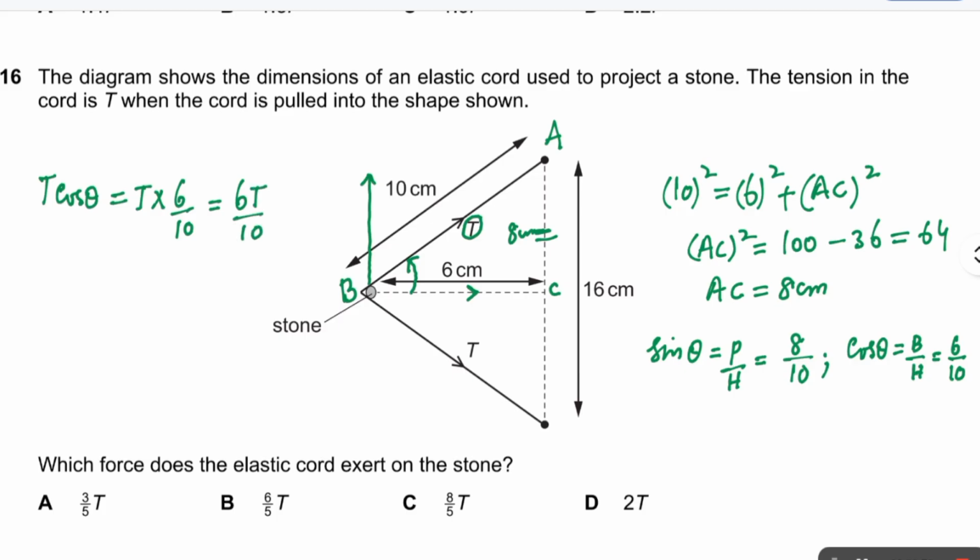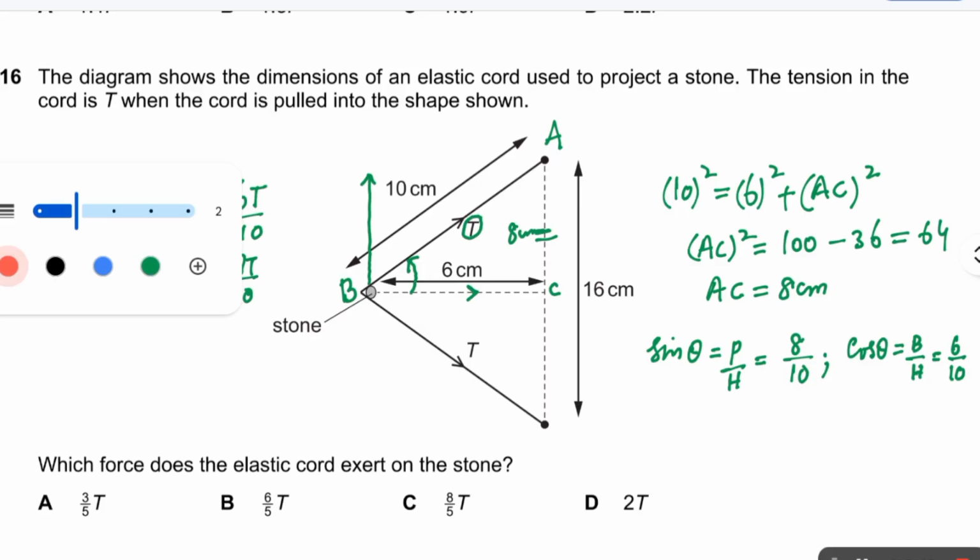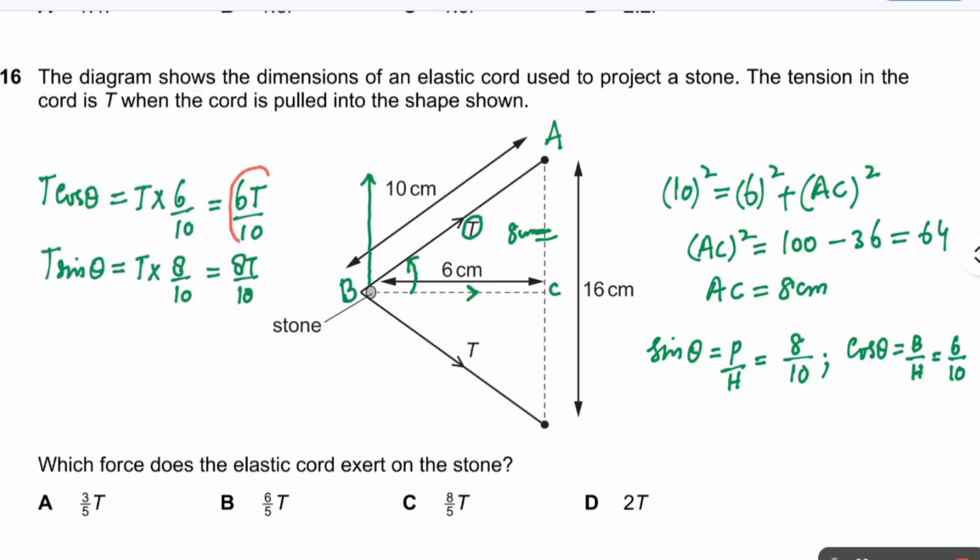Clear? Now we will take the vertical component, that is equal to T sin theta. So it is T multiplied by sin theta, which is 8 divided by 10, that is 8T divided by 10. Am I right? Okay. Now these two components we found, T cos theta and T sin theta. Both the components we know now.